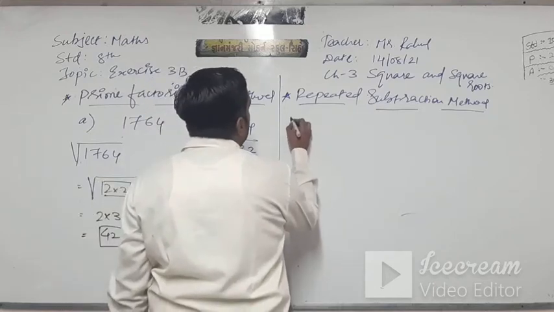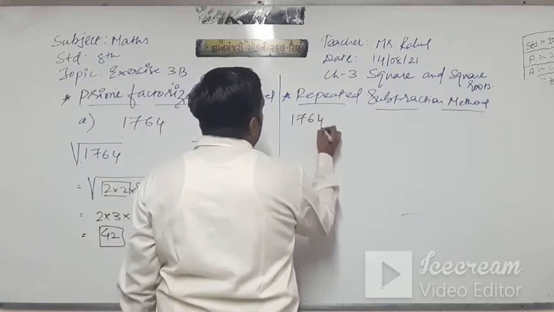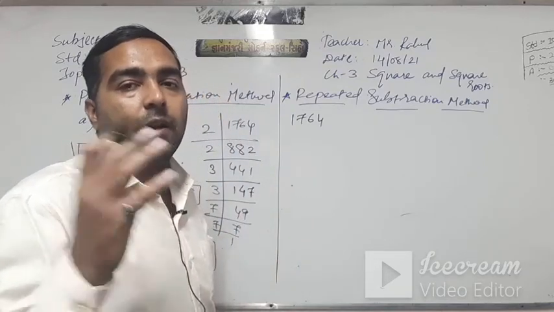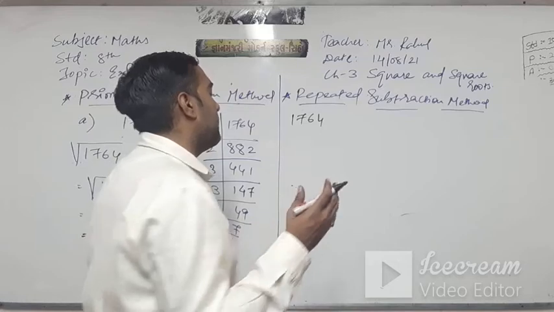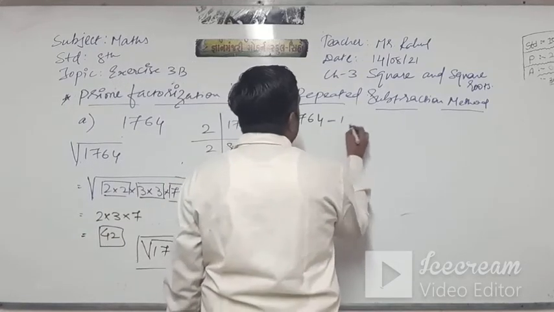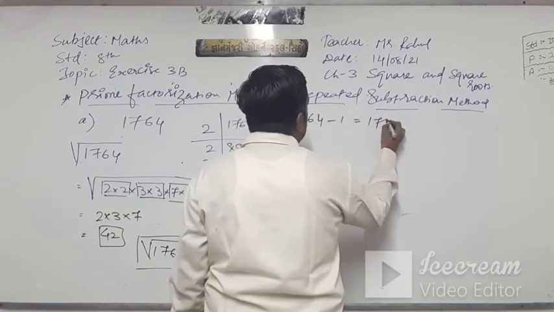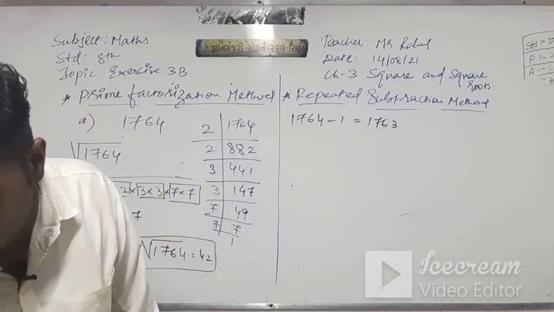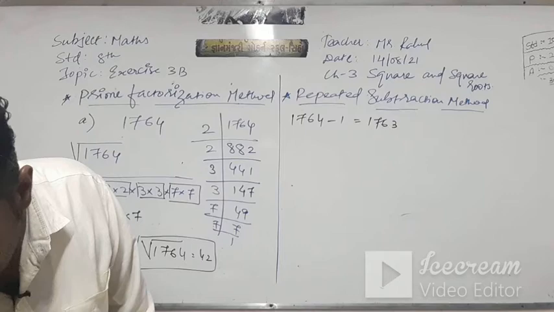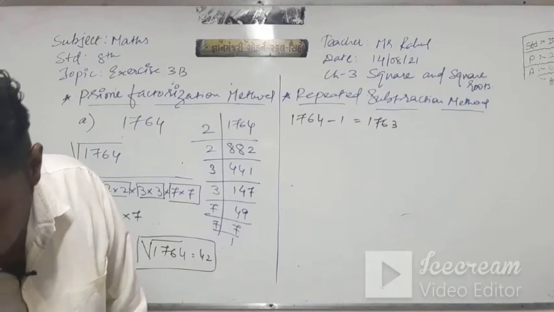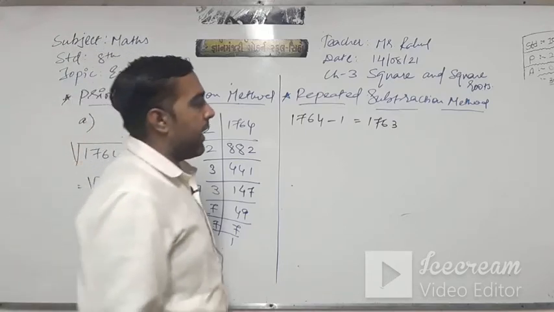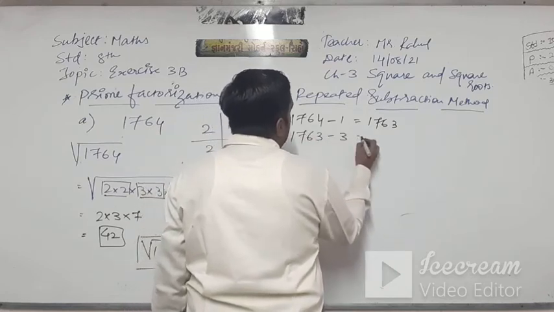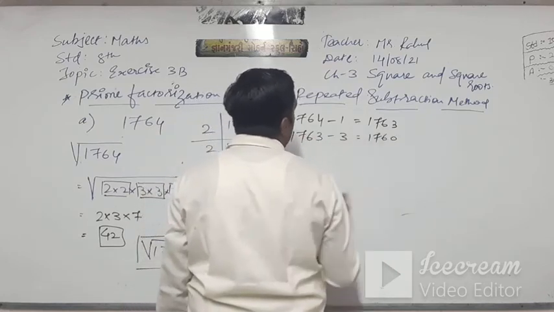My question is 1764. Now we subtract each and every odd number from it. For 1764 we minus 1, so the answer is 1763, right? Now 1763 minus 3 is 1760.